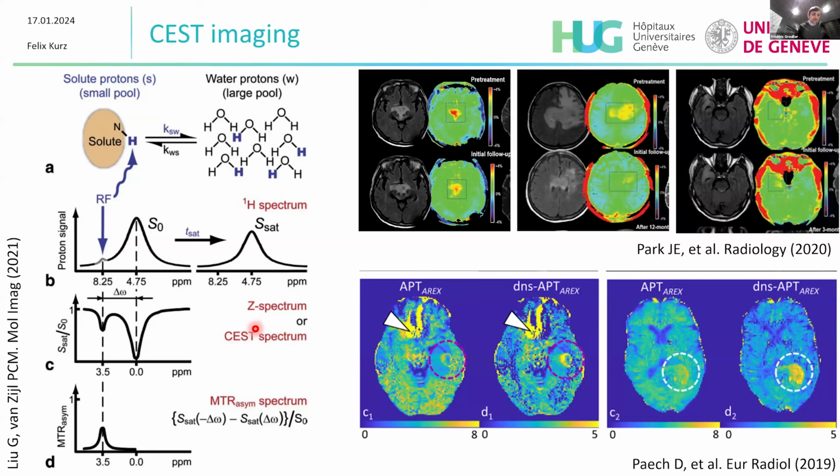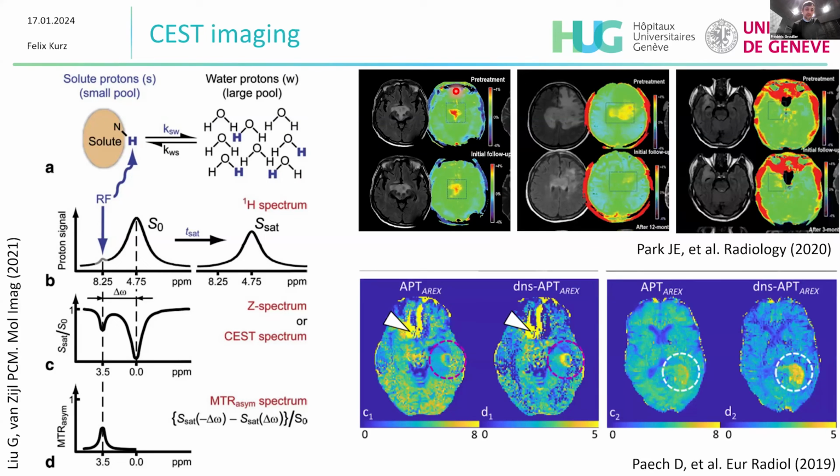This lets you produce a so-called CEST or Z-spectrum when you divide by the normal water saturation peak, and you can quantify the signal of this magnetization transfer for APT, amide proton transfer. Knowing that APT is connected to cell proliferation and higher cellularity, you can look at tumors under therapy, as done by Jiwon Park of Asan Hospital in Seoul.